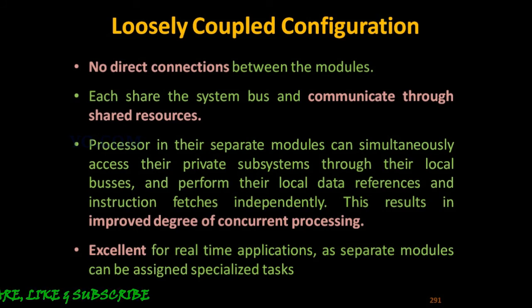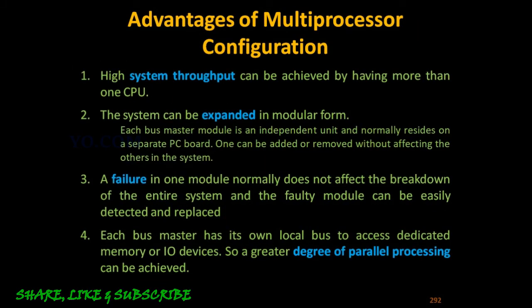Apart from this, you have many advantages. The loosely coupled configuration provides high system throughput that can be achieved by having more than one CPU. The system can be expanded in modular form, where each unit is considered a module.